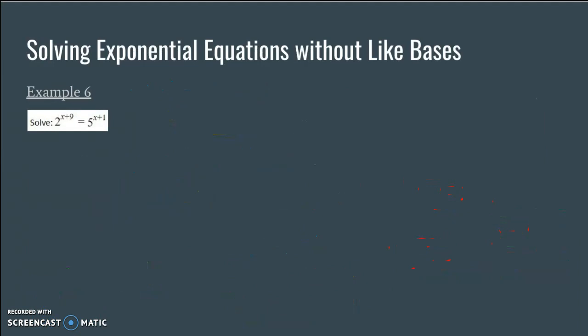In this last example, we're working with an equation that just absolutely has no way to become like bases. So we need to actually introduce logarithms into this equation so that we can use properties in algebra to solve the equation. The good news is it actually doesn't matter which log you use.